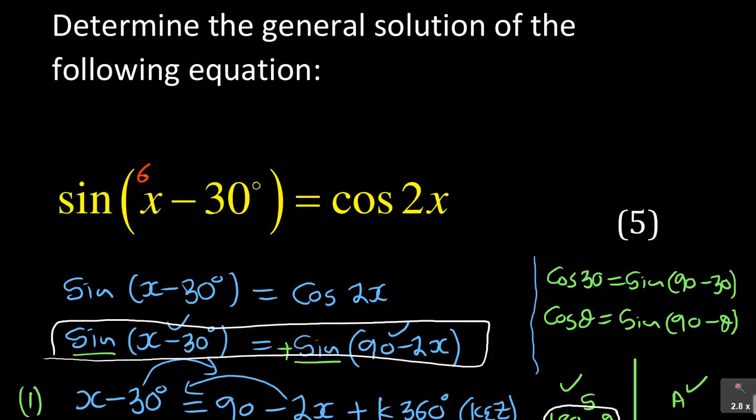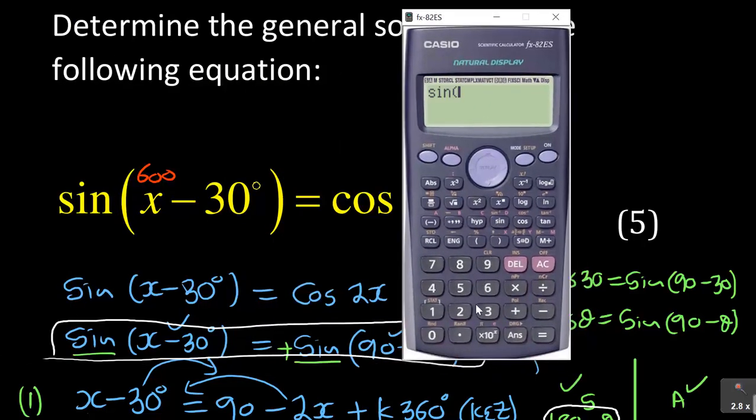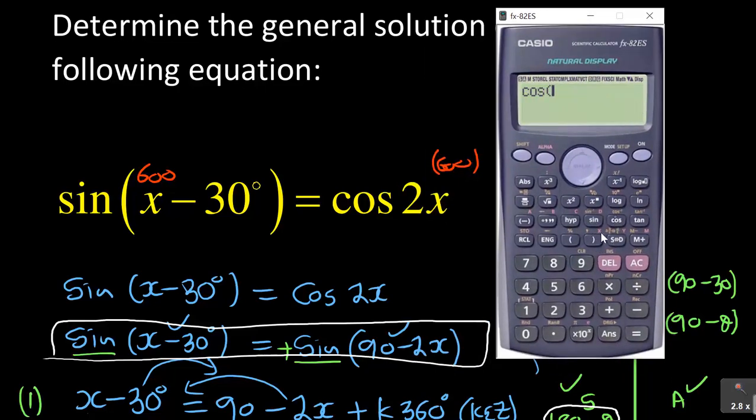You have x is 600, not k, x is 600, and see if it balances. Sine 600 minus 30, I'm getting a negative half. We try here again, cos 2 times 600, I'm getting a negative half.